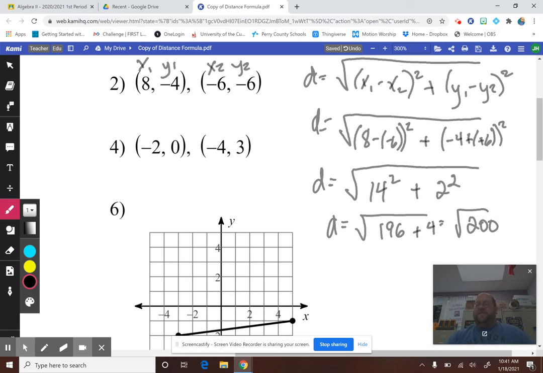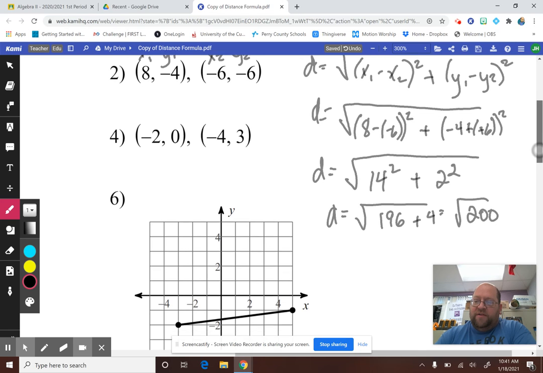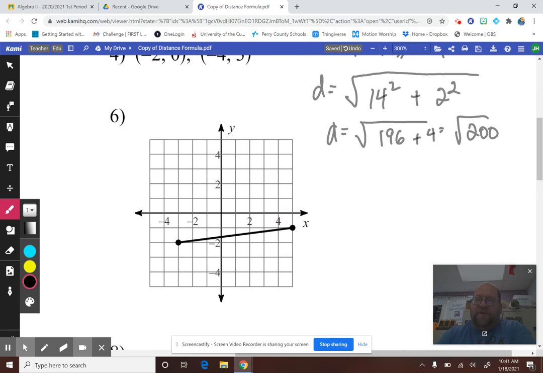So now I have to ask myself, are there any perfect squares in the square root of 200? Well, if we just think through our list real quick, usually we made our list to 10. A lot of people made it a lot further than that, and that's great. But usually we made our list to 10. What is 10 times 10, or 10 squared? 10 squared is 100. So I could go ahead and rewrite this as 100 times 2.